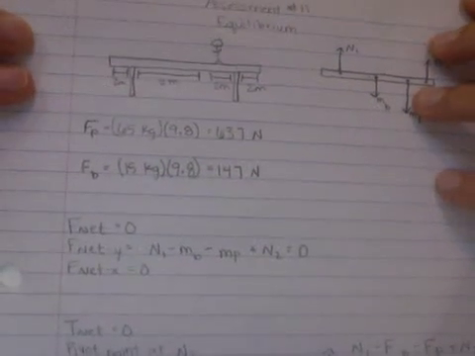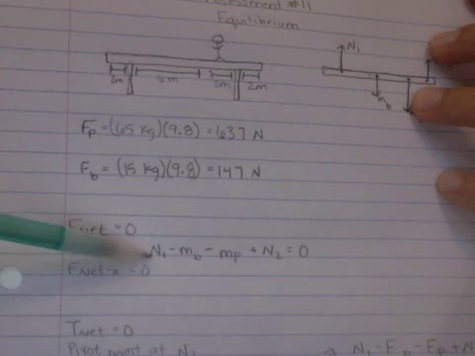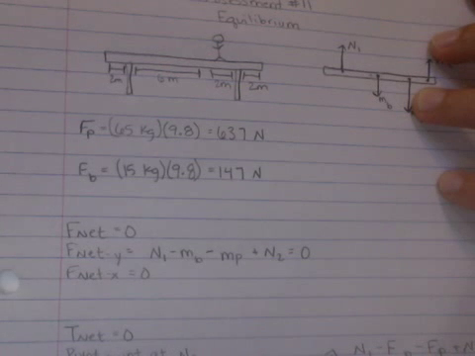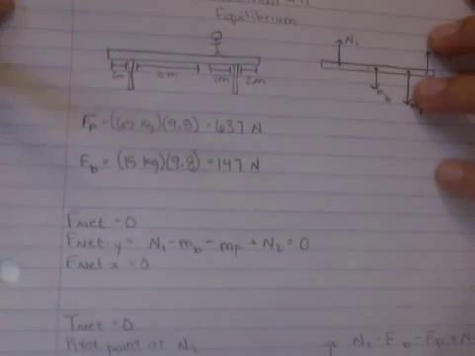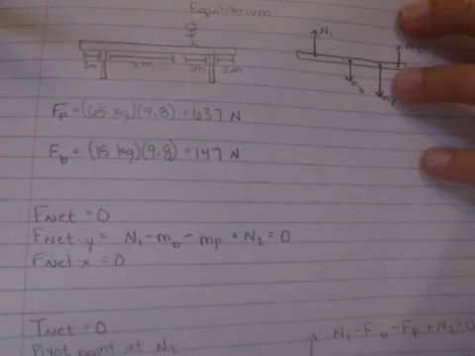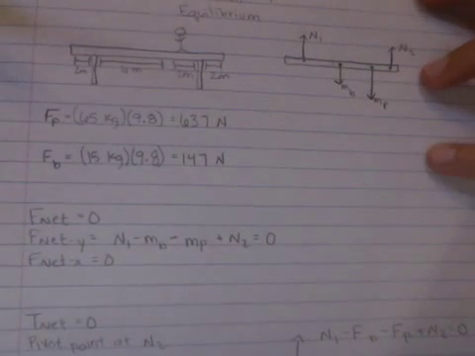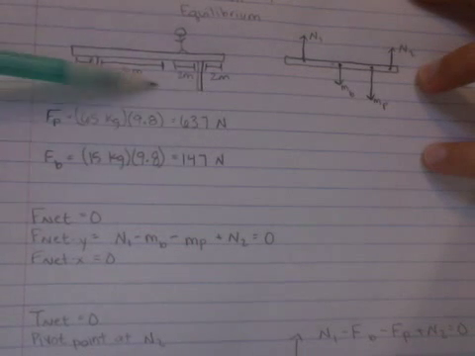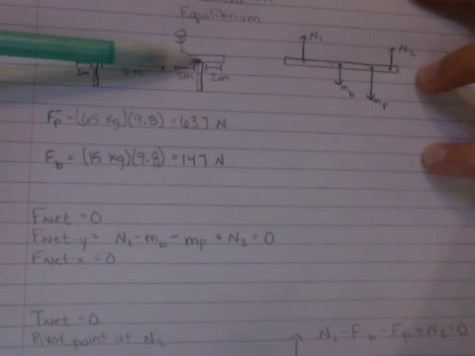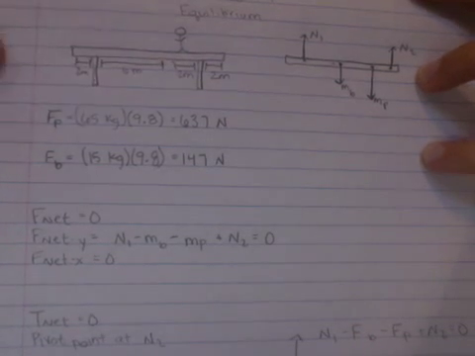However, we are trying to find the force of both supports, and since we have two unknowns, we need another equation. So we use the torque equals 0 equation, and I chose to put my pivot point around the force of the second support.